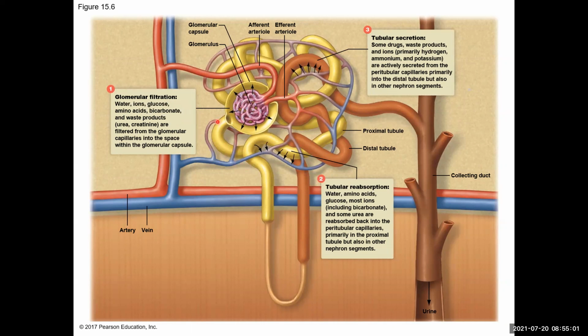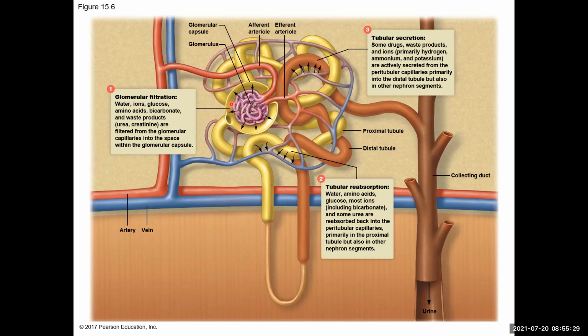Now that filtration that happens in the glomerulus filters water, ions, glucose, amino acids, bicarbonate, and other waste products like urea and creatine. Okay. Now, larger molecules aren't filtered in this process, so things like proteins aren't filtered in the glomerular capsule.